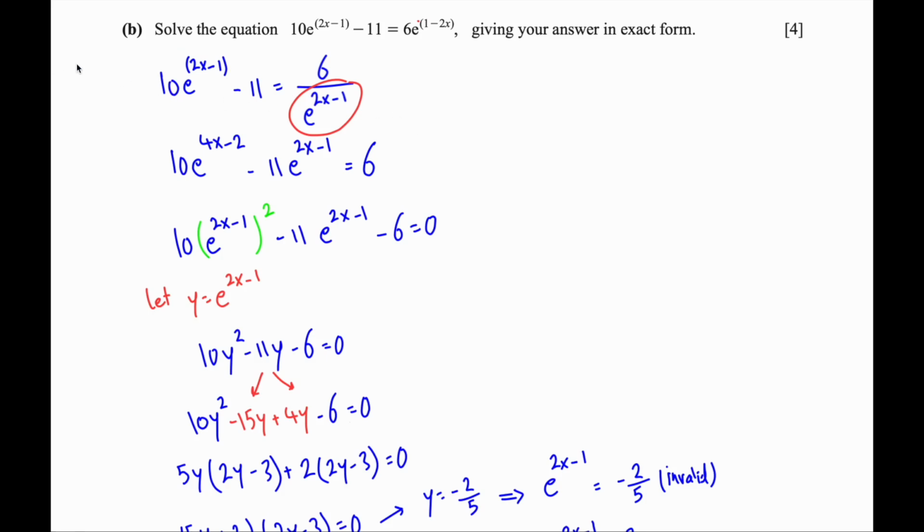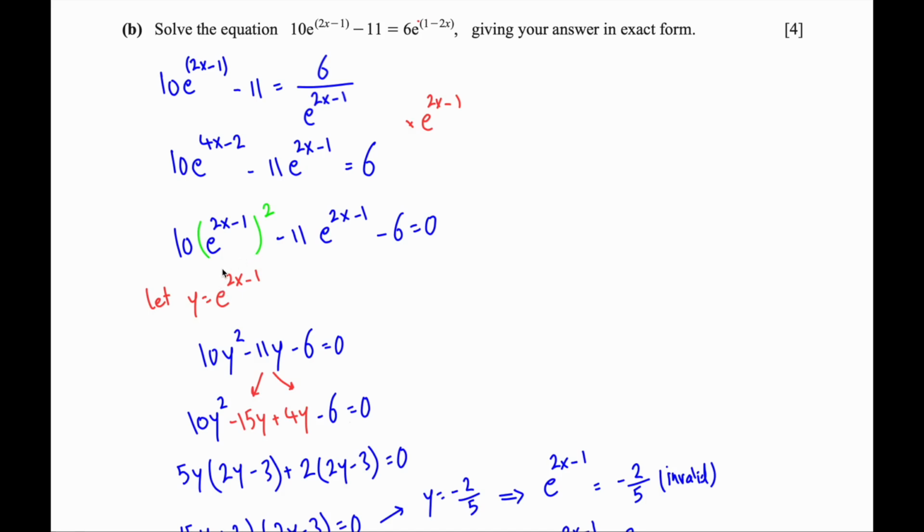So I'm going to multiply both sides by e to the power of 2x minus 1 to get rid of this denominator. As soon as you do that, the power here is doubled, and we have e to the power of 2x minus 1 in front of the 11, the constant, and now on the right hand side I'm only left with a constant. Bring everything to one side, and if you examine closely, you realize that you can take a 2 out here, and actually once you do that, then this is nothing but a quadratic equation.